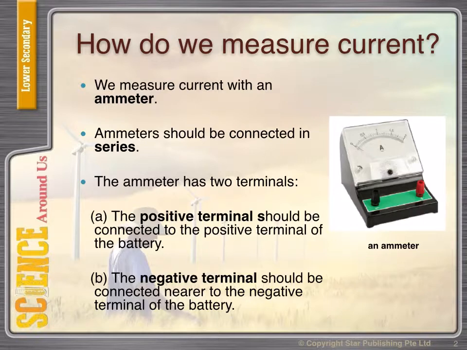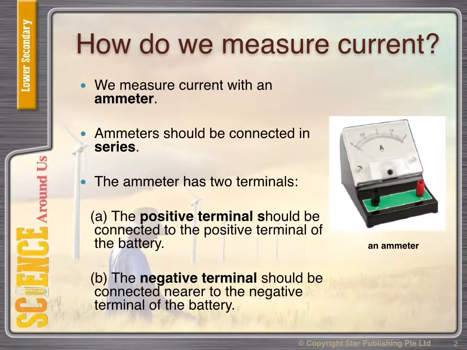The black side is the negative terminal. So we use this instrument known as an ammeter to measure the amount of current. When you want to measure the amount of current, you have to make sure the ammeter is connected in series. Series means that it's side by side with each other. Take note that an ammeter has two terminals, positive and negative.